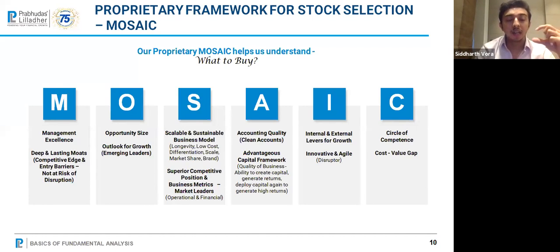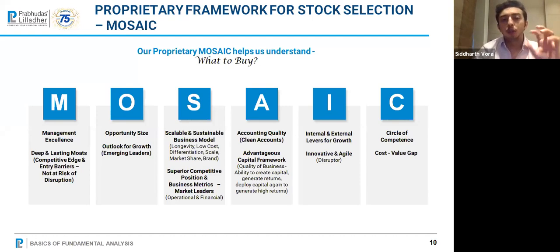Everybody has to understand what moats a particular company has. Is it the largest market share player? Is it the best brand in a particular industry? Is it the cheapest producer or provider of a certain product? Does it have the largest distribution network? Does it have intellectual property and patents? What does the company have which will enable it to fight competition? This is what you should understand.